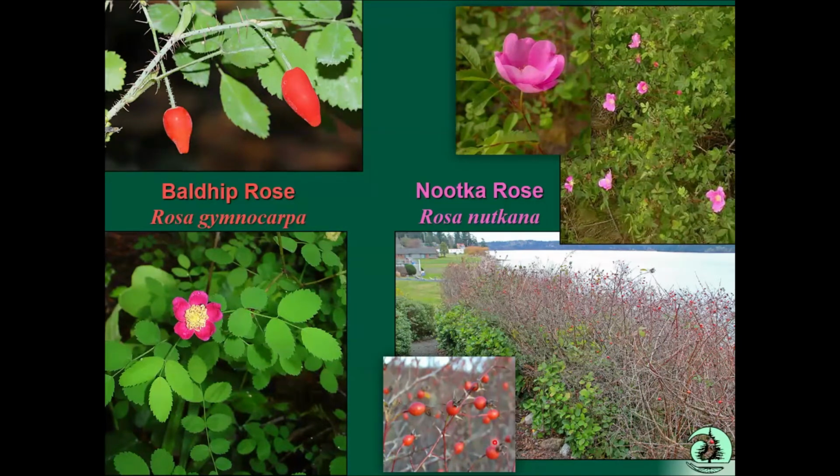Whereas down here on the Nootka rose, here's the hip and there are the sepals coming out of the tip of the hip. So the Nootka rose is just wonderful. It can handle full sun. It likes full sun or forest margins. It's aggressive though. I mean, it spreads by suckers.